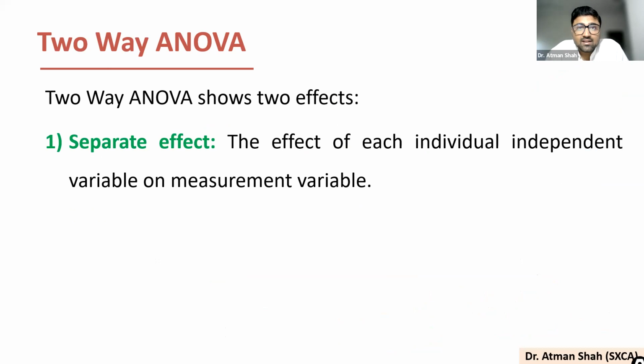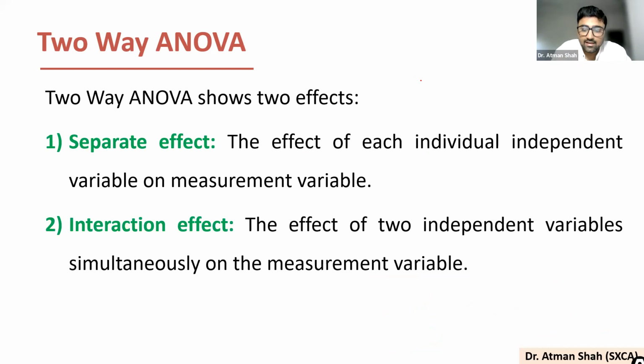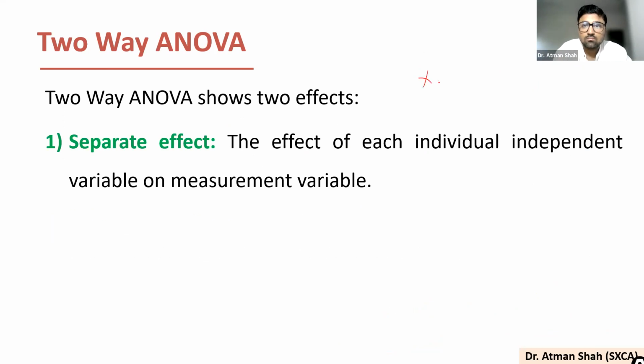Now, separate effect indicates the effect of each individual independent variable on the measurement variable. Suppose we have two independent variables x1 and x2, and our dependent variable is y.